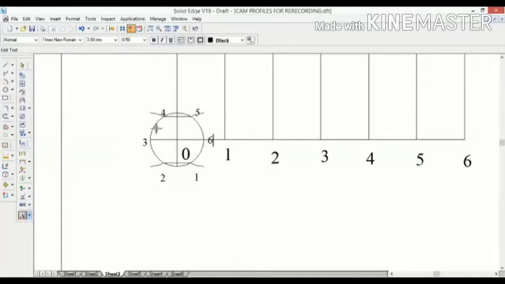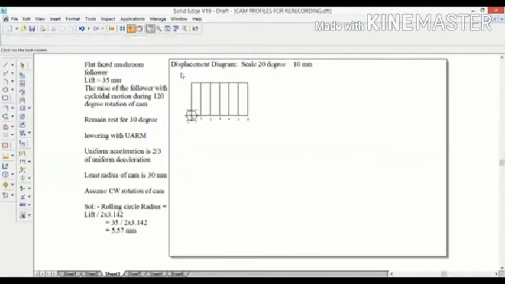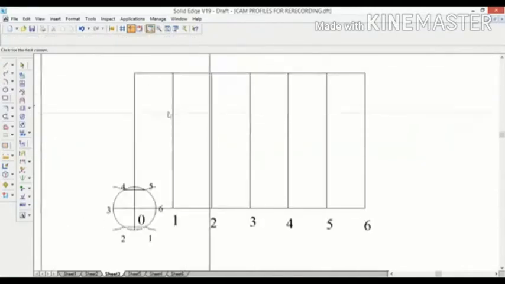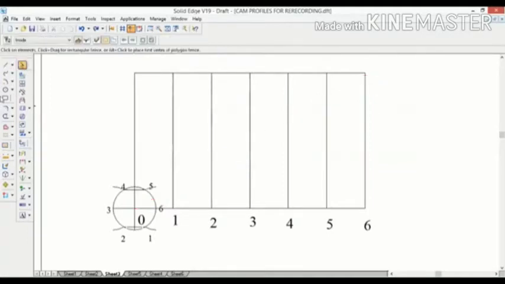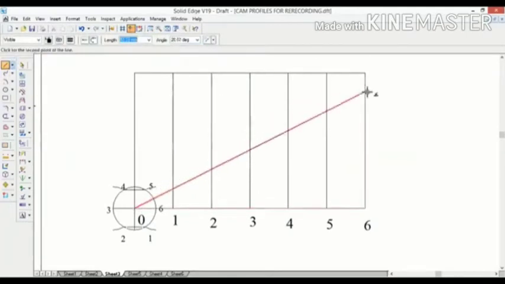So we divided the circle into equal parts and the outstroke also into 6 equal parts. After this, join a line from this corner to the right topmost corner. This is related to 3 and 6.